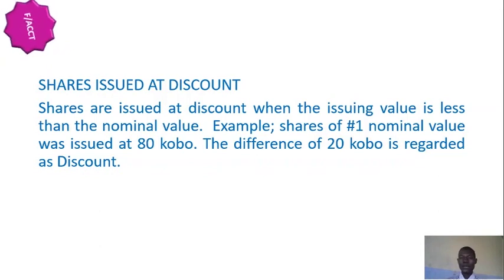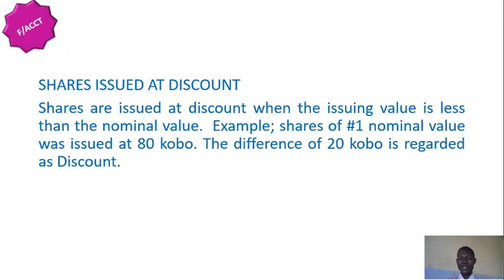Share of nominal value 1 naira was issued at 80 kobo. The difference between 1 naira and 80 kobo is 20 kobo. So the 20 kobo is regarded as discount. So we have considered the 3 issuing prices: shares issued at par, shares issued at premium, and shares issued at discount.